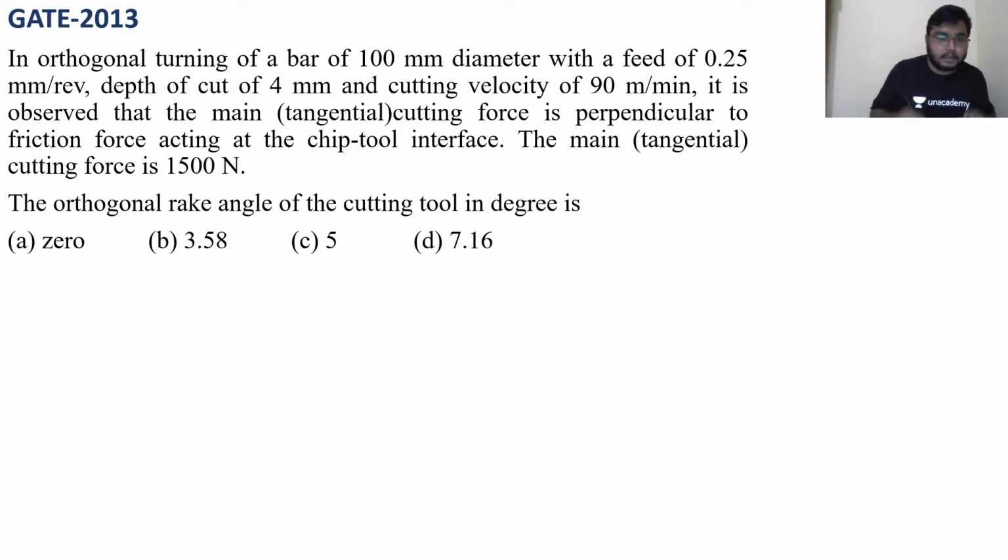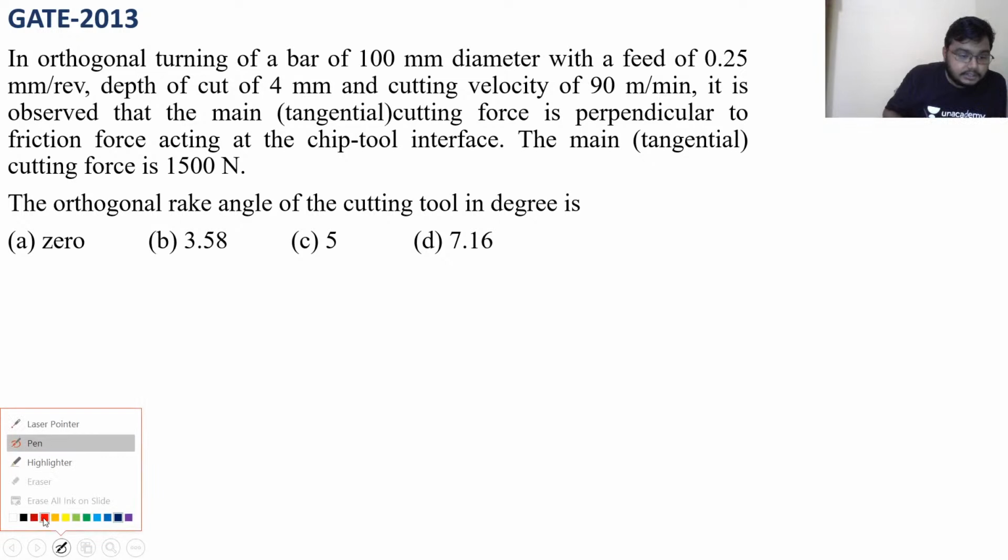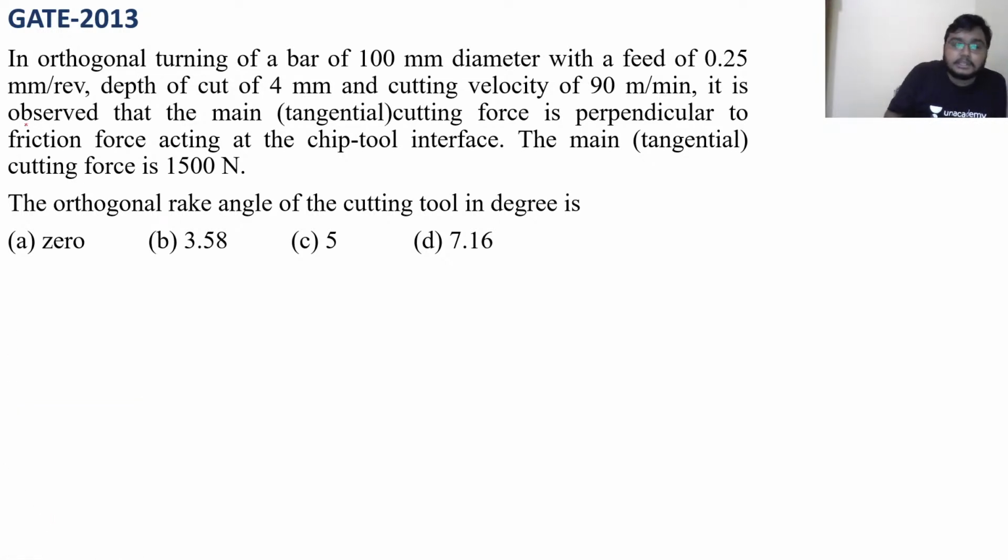See, there is nothing in this question, right? In this question, the examiner has tried to manipulate you in each and every way. Orthogonal turning, he has given the diameter d equal to 100 mm. Feed is given, depth of cut is given, cutting velocity is given.